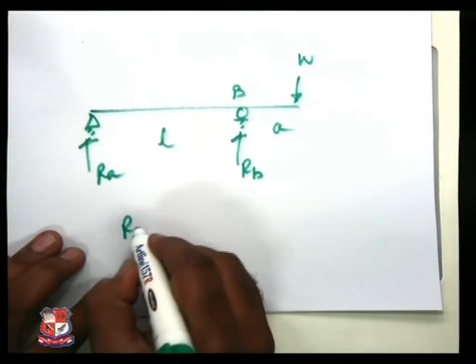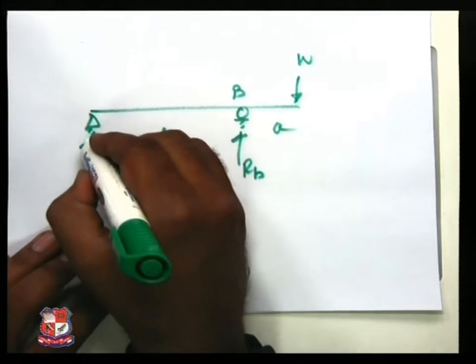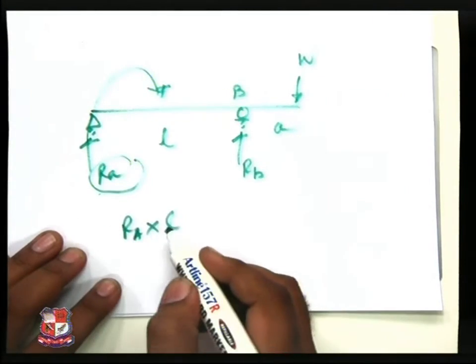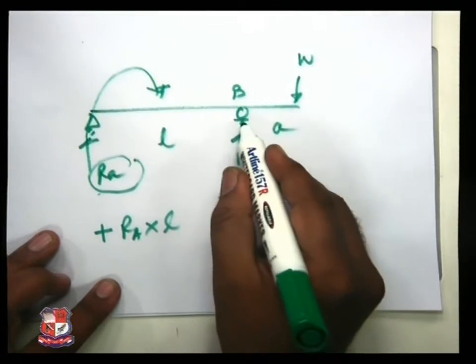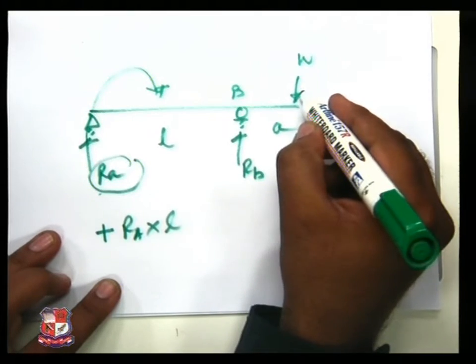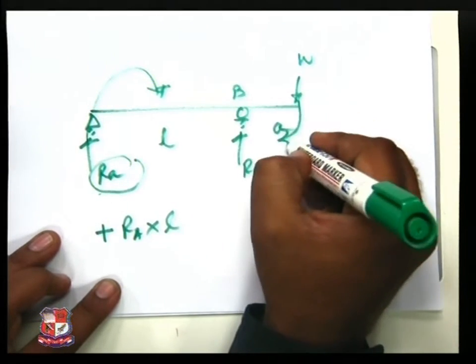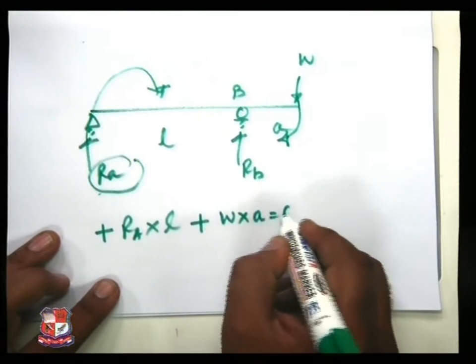So RA into L is the first moment because of RA, which creates clockwise nature, so plus sign. RB into 0 because we are taking the moment over here. Next W. This creates moment in the clockwise, plus W into A is equal to 0.